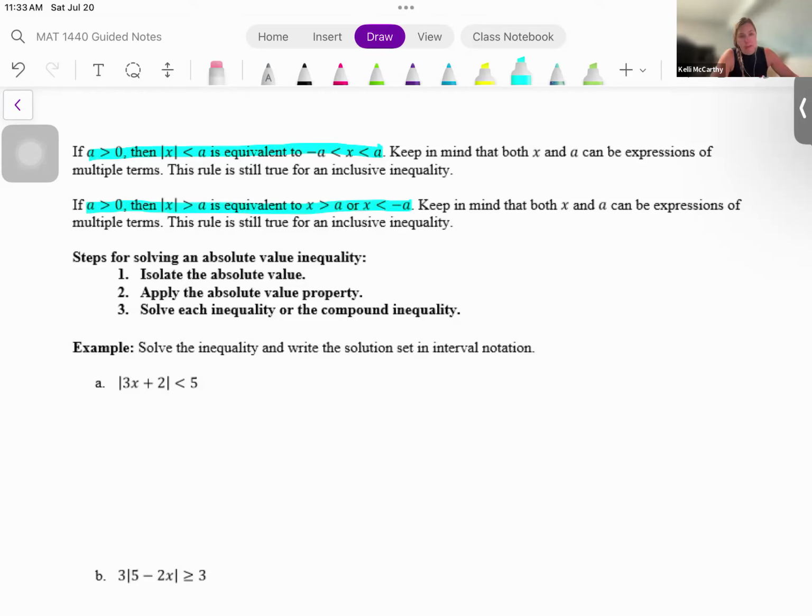If the absolute value of x is greater than a, then that's equivalent to saying that x is greater than a or x is less than negative a. And we're going to see what this is visually on some of these examples. Just like with absolute value equations, we do want to be conscientious of the fact that x and a can be expressions of multiple terms.